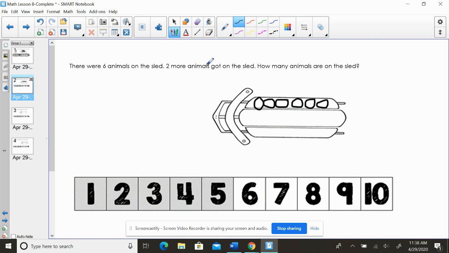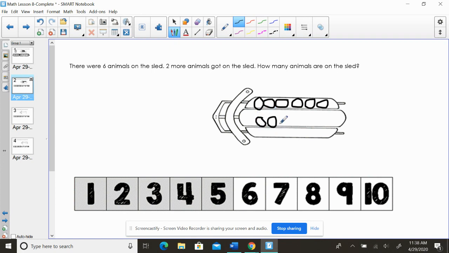2 more animals got on the sled. So I'm going to draw 2 more circles. 1, 2. How many animals are on the sled? So we drew a group of 6 because 6 animals were on the sled.